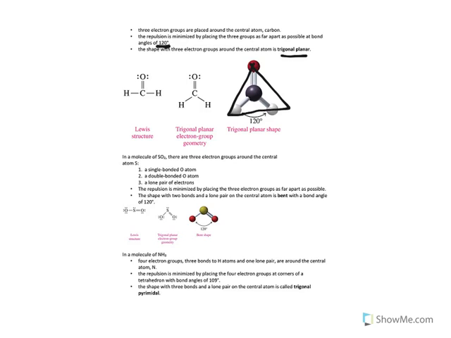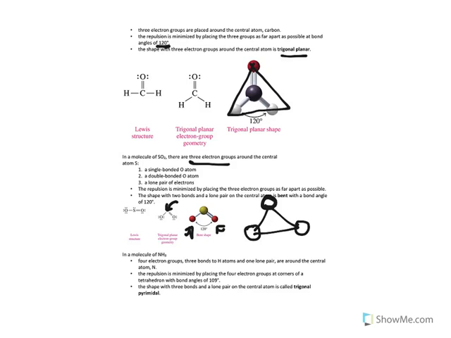Let's look at something like, instead, sulfur dioxide, SO2. There are 3 electron groups around the central atom. There are 2 oxygens and a pair of electrons that are not participating in the bonding. The repulsion is minimized by placing the whole thing in a trigonal planar shape. The 2 oxygens at either end and the lone pair of electrons on the top corner.